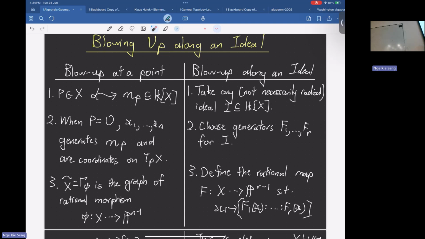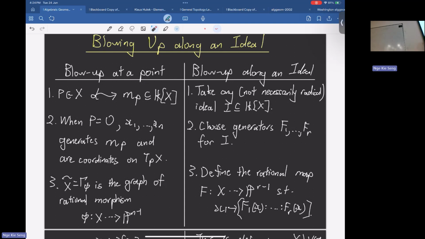But if you look closely, those projection maps are built up by the generators of the maximal ideal of 0. You are using these x_i to form your pi.